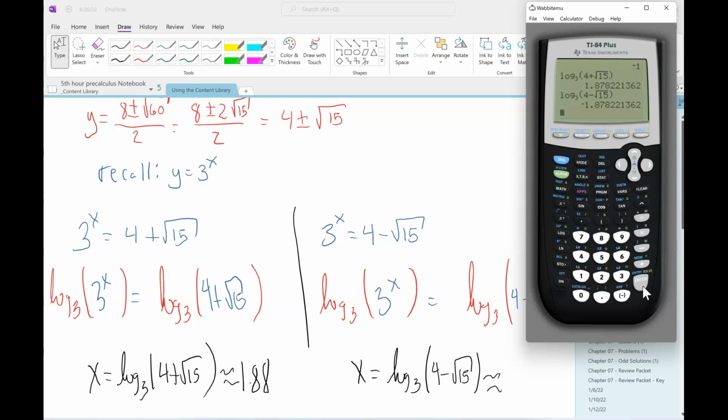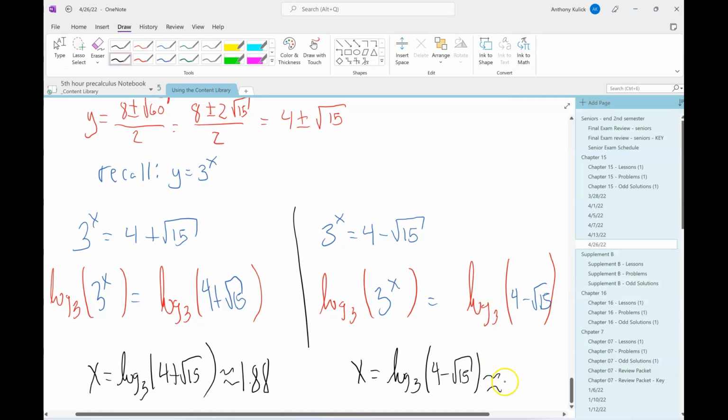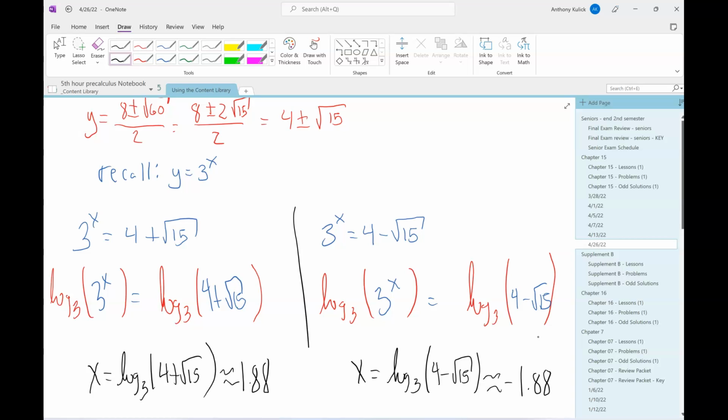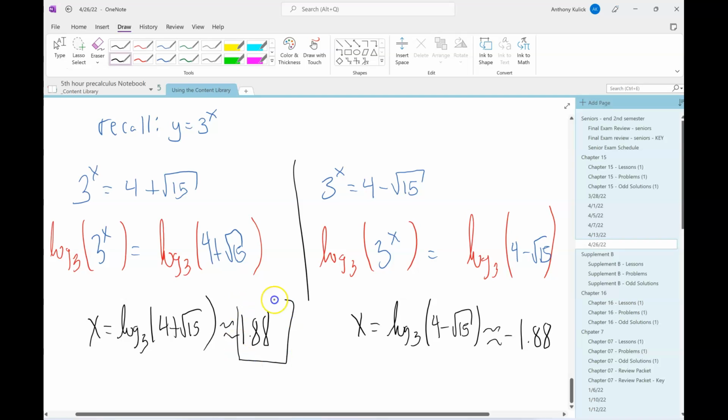And here I get negative 188-ish. Am I guaranteed for that always to work? No. Why?